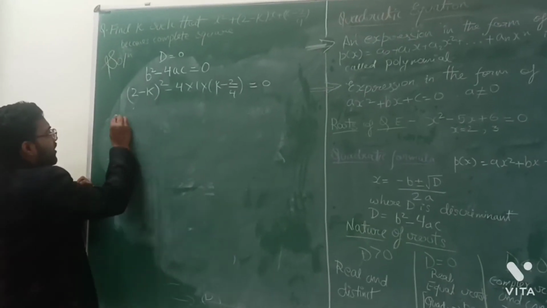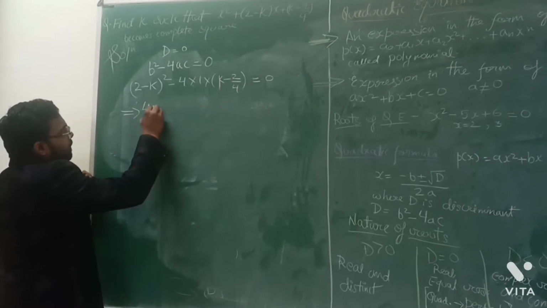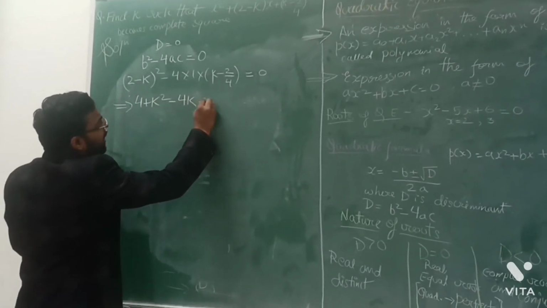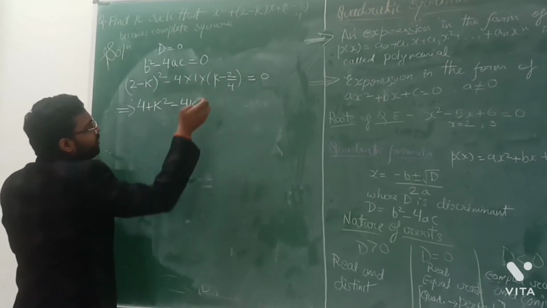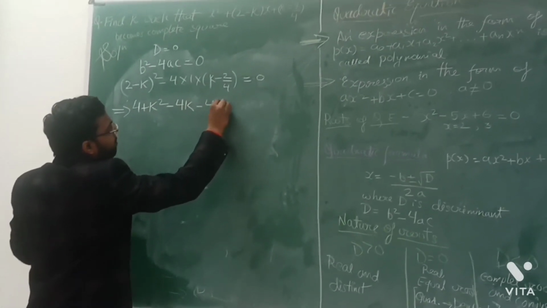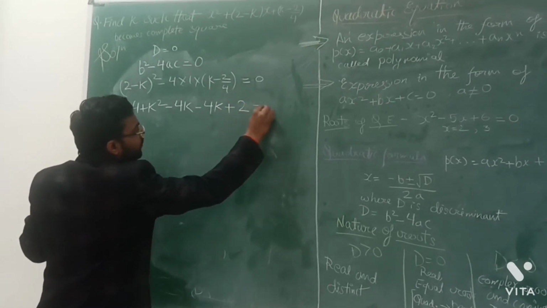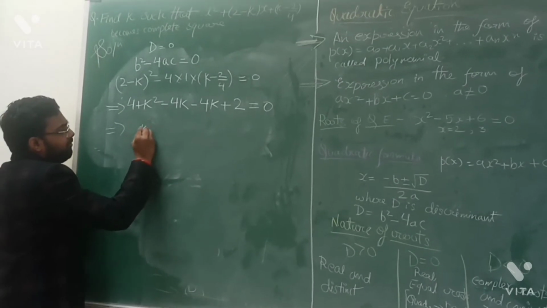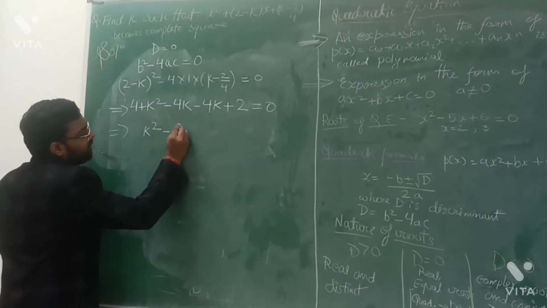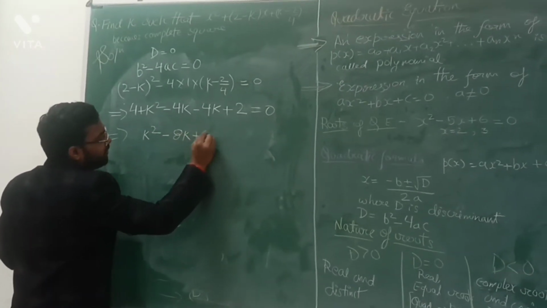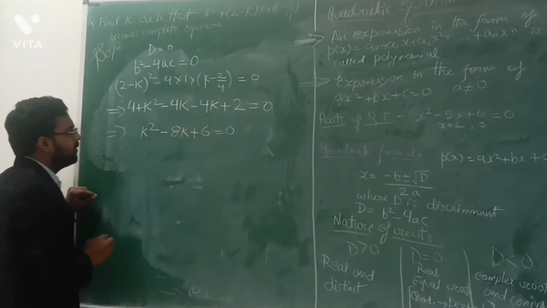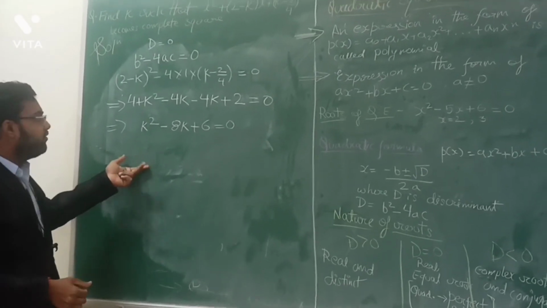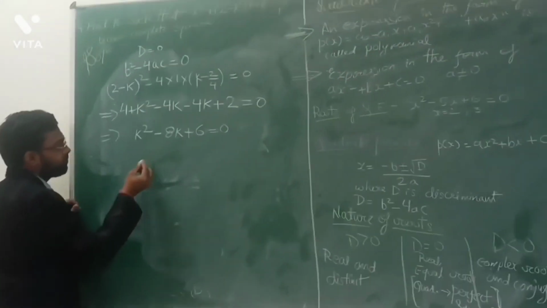On solving this, we have 4 + k² - 4k, minus, on multiplying -4 in this bracket, 4(k - 2)/4, equals 0. Now on simplifying, we have k² - 8k + 6 = 0. We cannot solve this equation by middle term splitting.